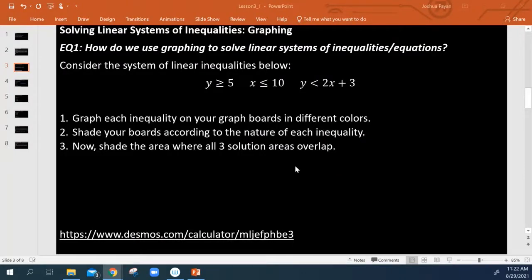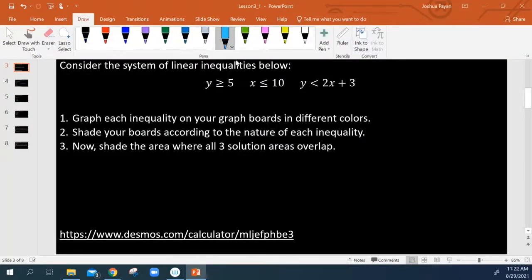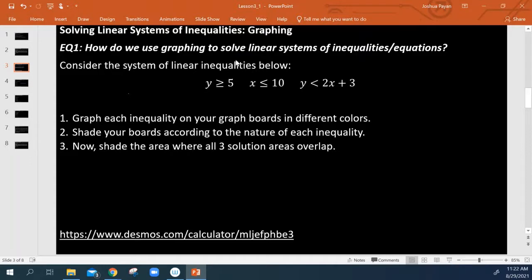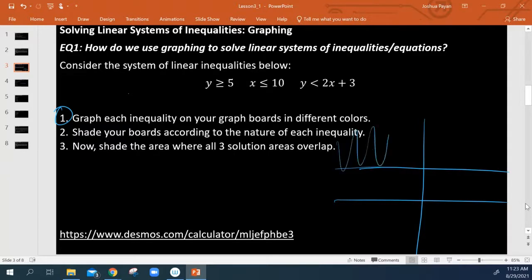Okay, so any problem that you see from this is going to simply include that we graph each of these and we shade them in, right? So here's our XY axis. Let's say y is greater than or equal to 5. That would just be a straight line across here. We would shade up here, right? And I'll use a different color.